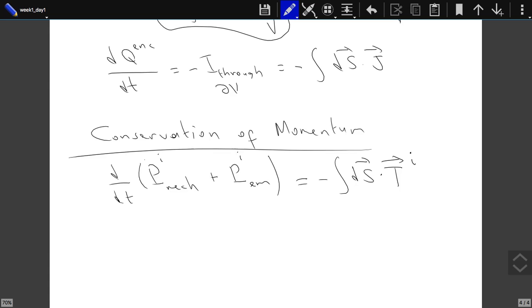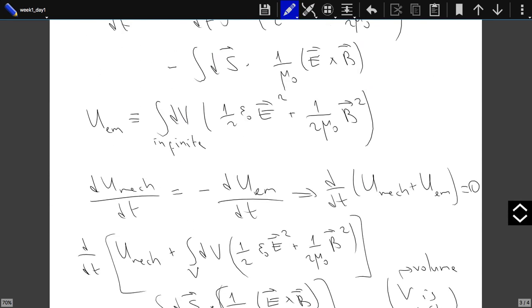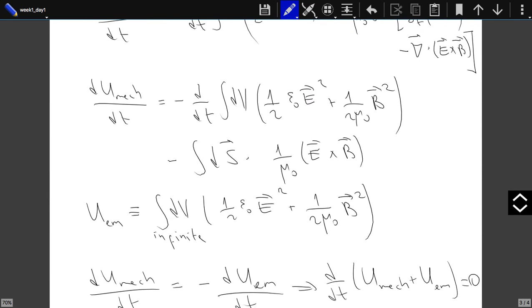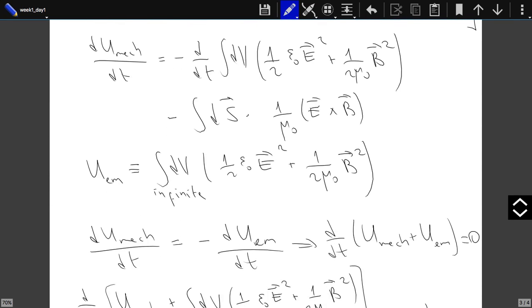Then, of course, there is a problem. In the previous example, in the case of the energy conservation, we first looked at the infinite volume limit, and in the infinite volume limit, the mechanical energy plus the electromagnetic energy stored in all of the universe is conserved. That's what we derived.